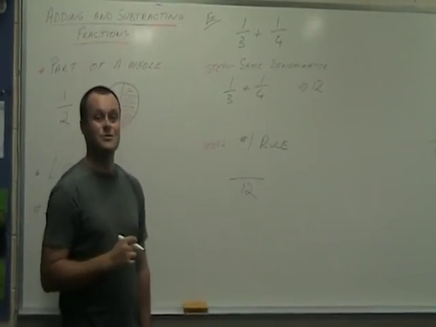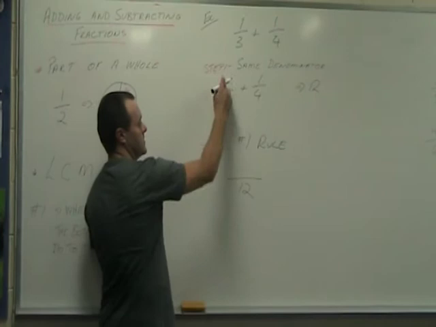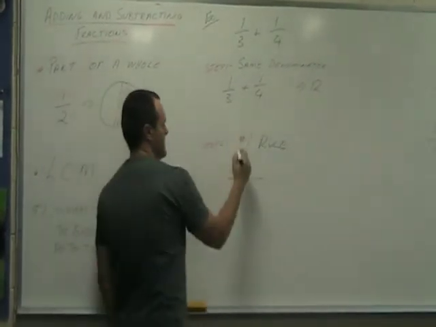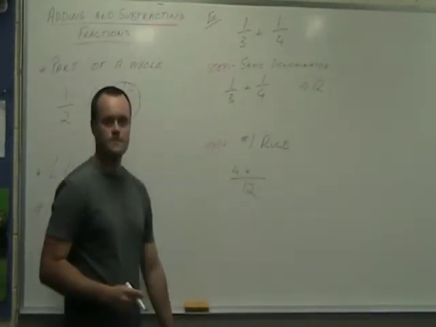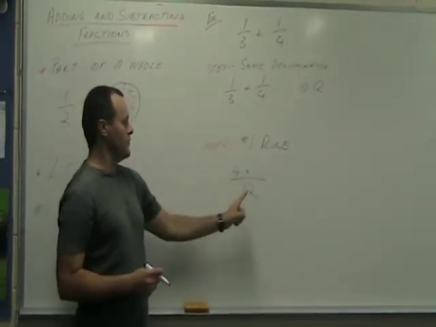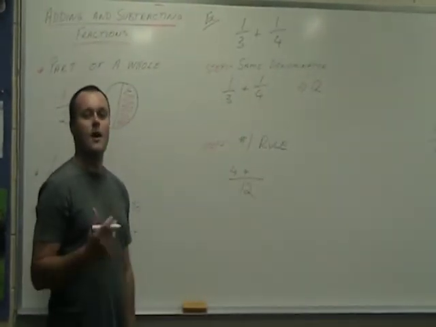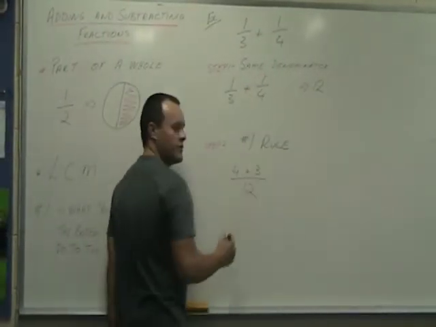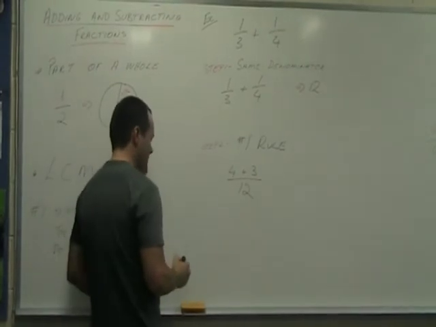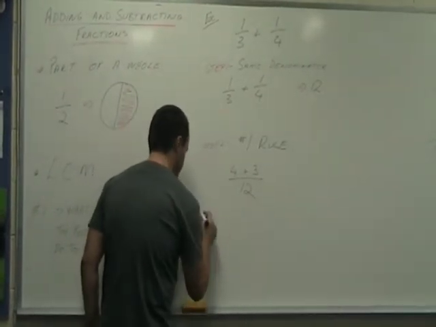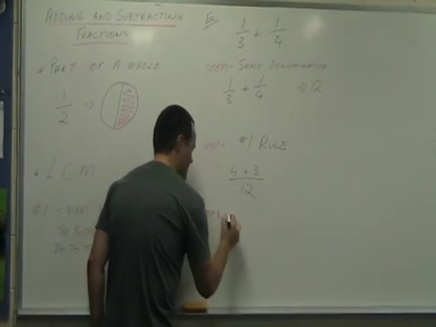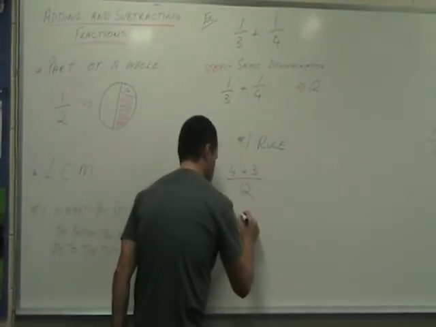So I must do that up the top. 1 times 4 is 4. Bringing down my operation. What did I do to 4 to turn it into 12? I times it by 3. 1 times 3 is 3. I then have my last step, which is to do the numerators.